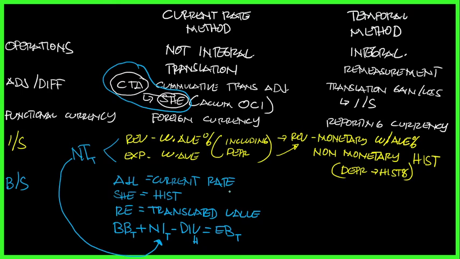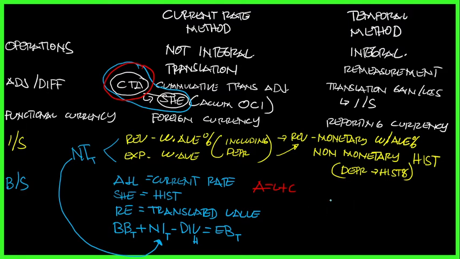But you can check. You can always use your equation, which is asset is equal to liabilities plus capital. So if you deduct liabilities from that of your asset, that should be equal to your stockholders' equity. So the difference is now your cumulative translation adjustment.